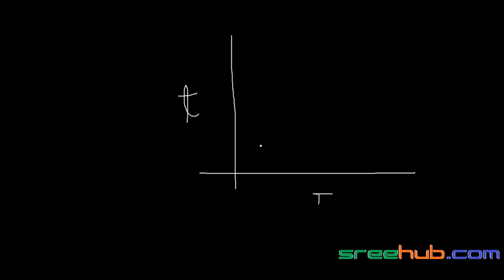Let's say a student codes for 15 minutes. He writes a simple program for 15 minutes, which means whenever he is writing a program, he is not really using the processor. After 15 minutes, let's say he executes it.